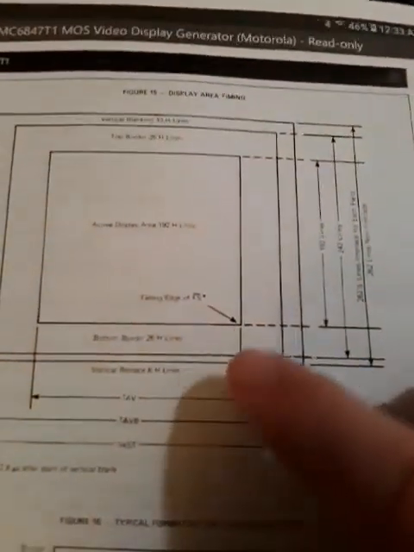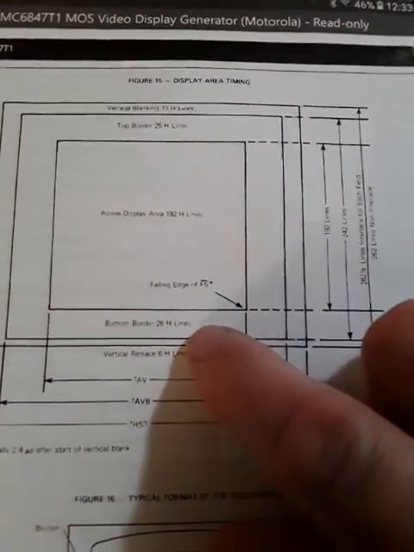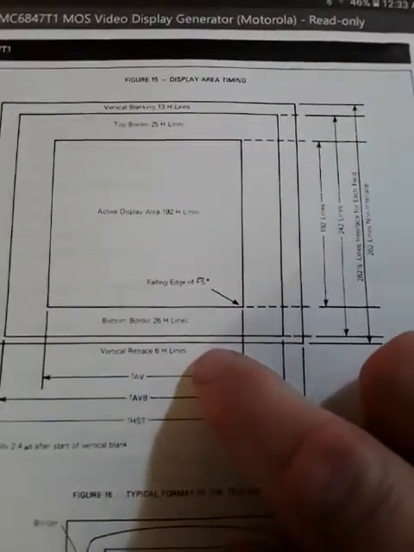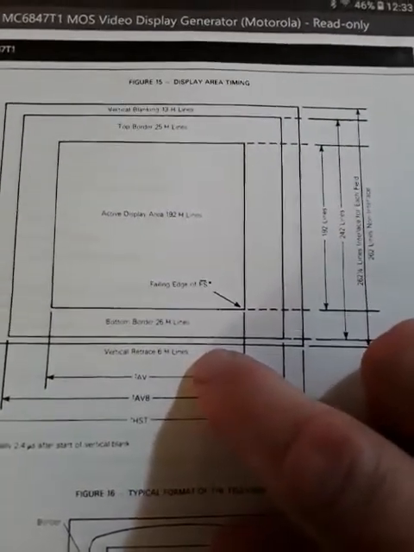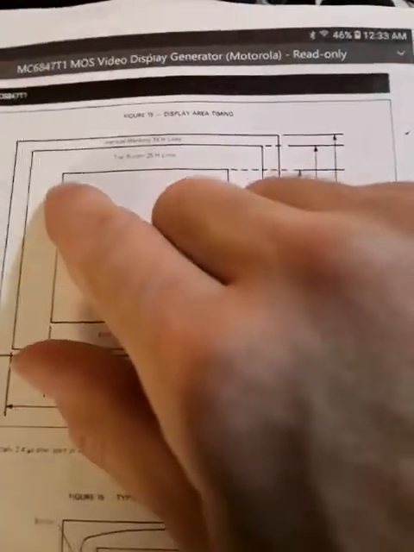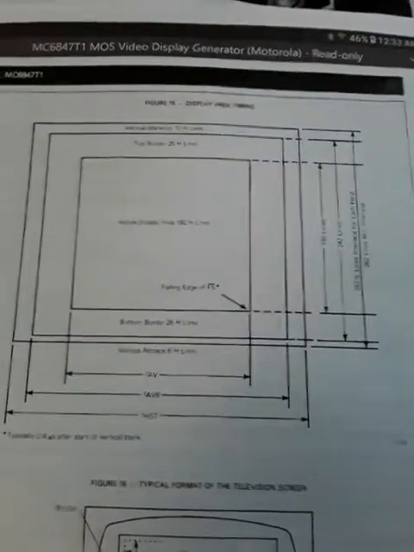That's because after it's finished drawing its screen, it does 26 for the border, 6 during the retrace, and there's our 32.